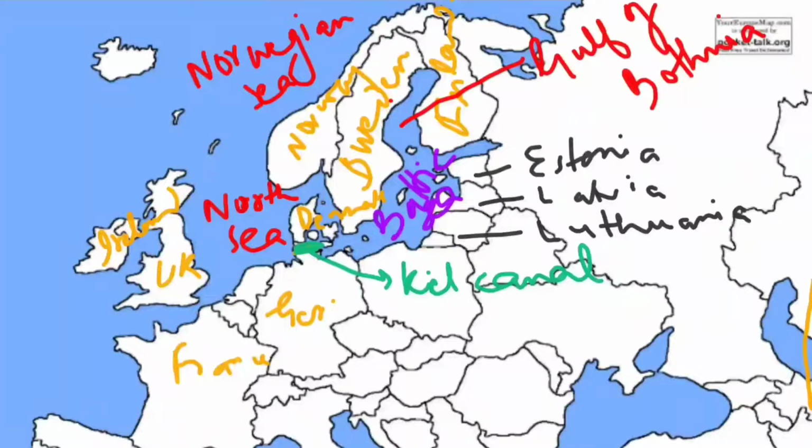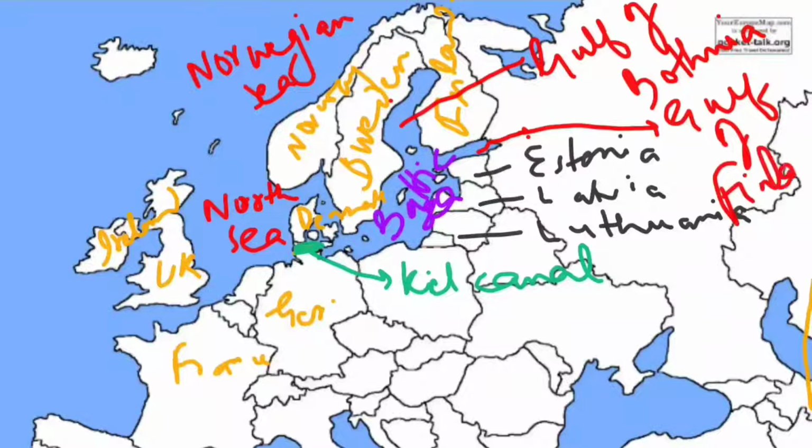And to the south of Finland, here in between Estonia and Finland, we have what is called the Gulf of Finland. So it's very easy to remember: what is in the south of Finland is the Gulf of Finland, acting as a natural boundary between Estonia and Finland.